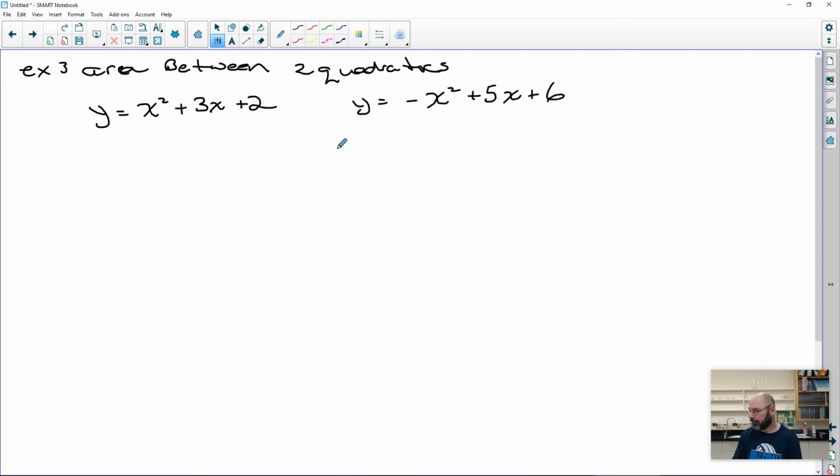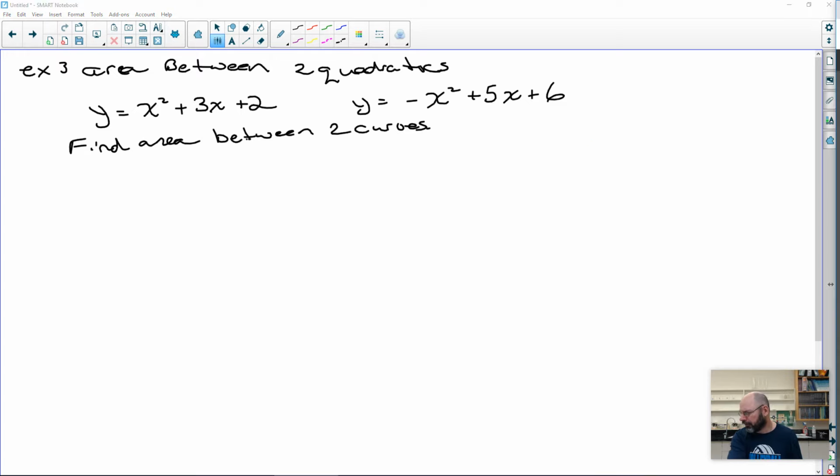Okay, and then the question is, find the area between the two curves. So this is where we go back to, we've got to find those endpoints. Let me get my clock back, because I switched my page over so I can see where we are. We're about 22 minutes or so, so this might be our last example. Maybe I'll do one more.